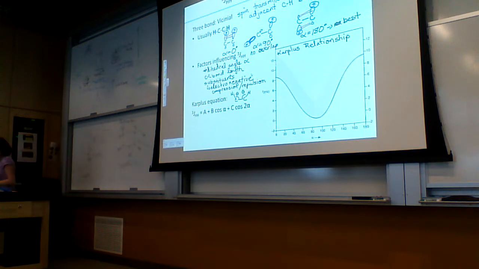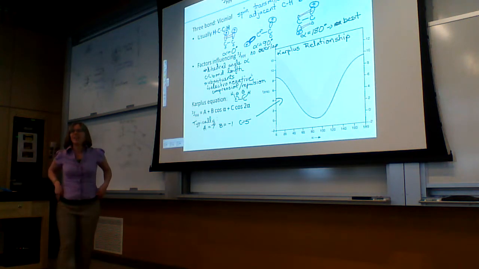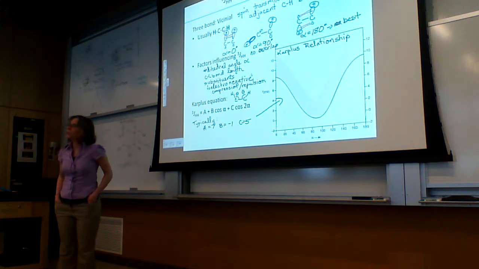And you don't need to be able to calculate this. Generally, we're going to look at some specific values which actually lead to this graph we have here. So A equal to 7, B equal to -1, and C equal to 5. And that's what gives us this relationship, the one that best fits what we see.